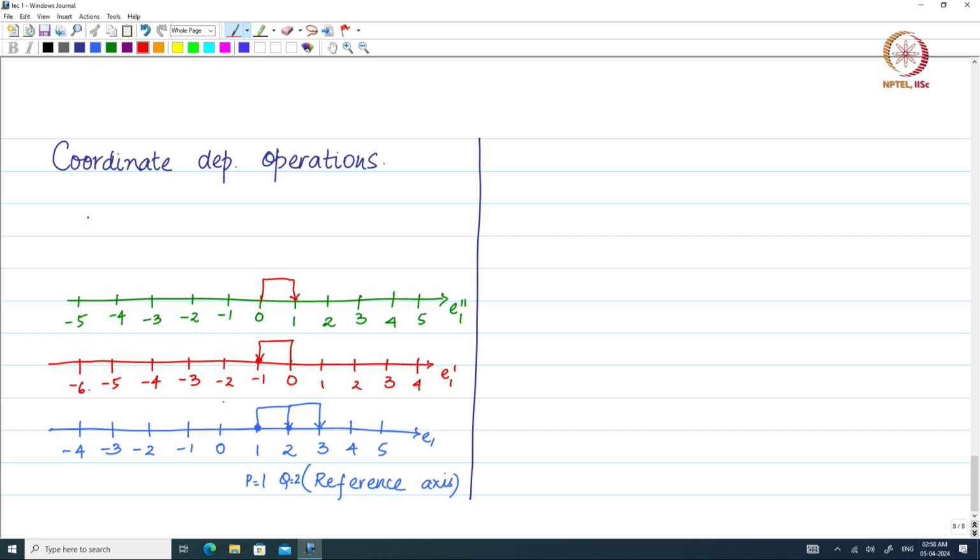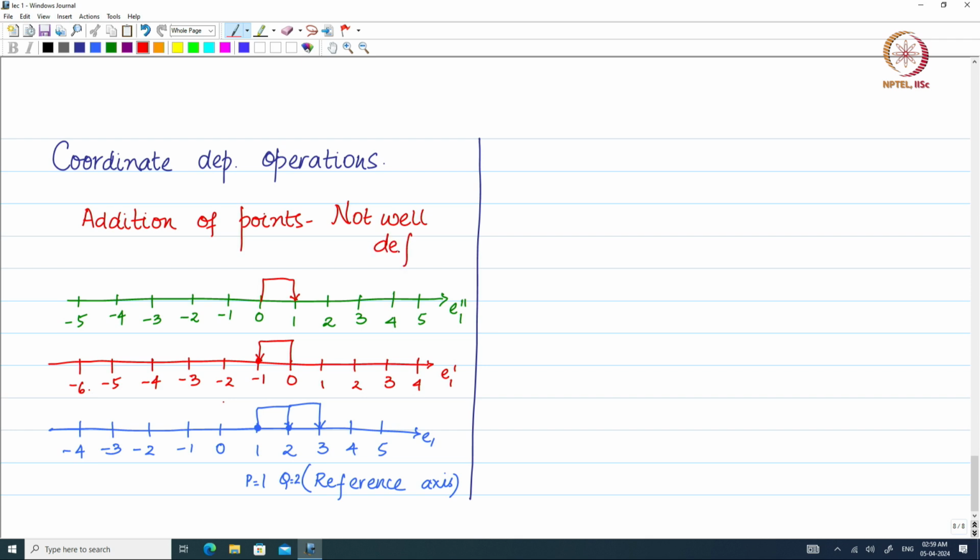So, what we are going to say is that this coordinate dependent operation, addition of points, is not well defined.